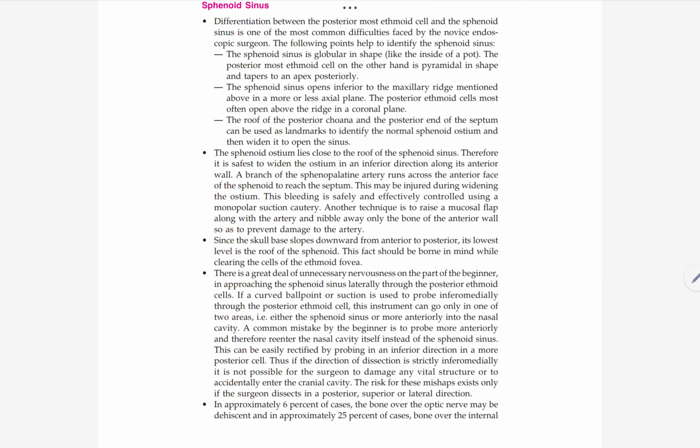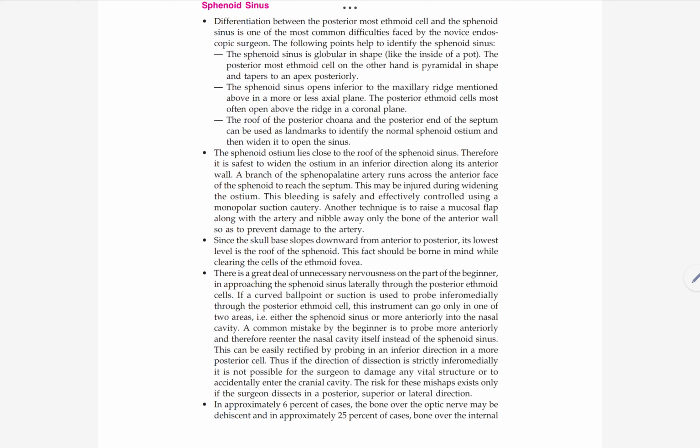There is a great deal of unnecessary nervousness on the part of the beginner in approaching the sphenoid sinus laterally through the posterior ethmoid cells. If a curved bolt probe or suction is used to probe inferomedially through the posterior ethmoid cell, this instrument can go only in one of two areas, that is, either the sphenoid sinus or more anteriorly into the nasal cavity.